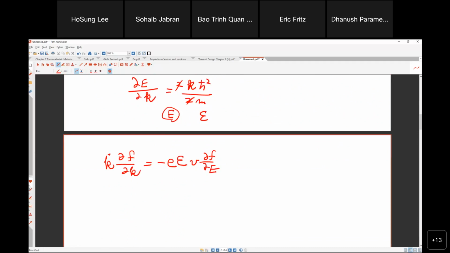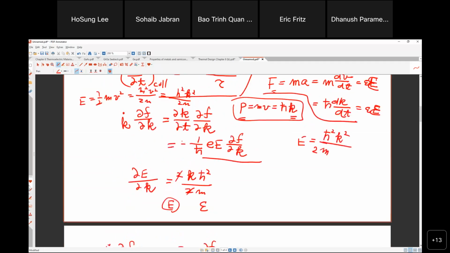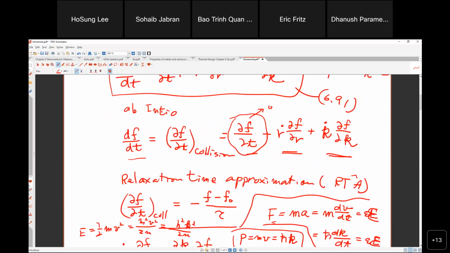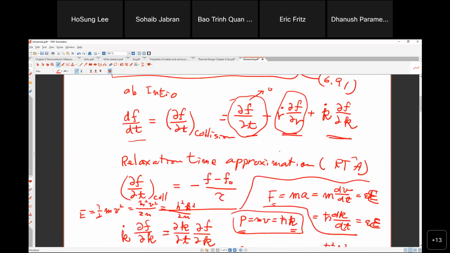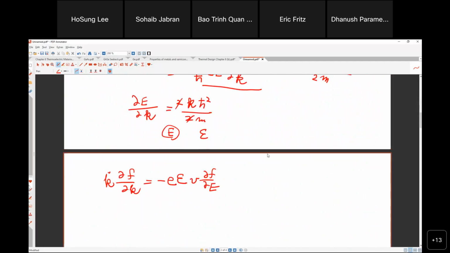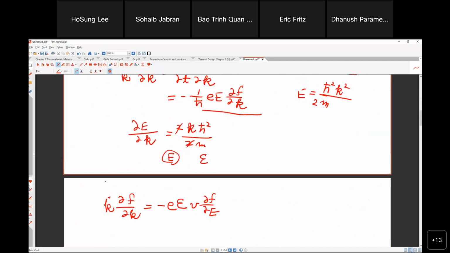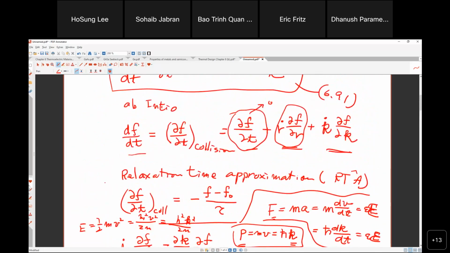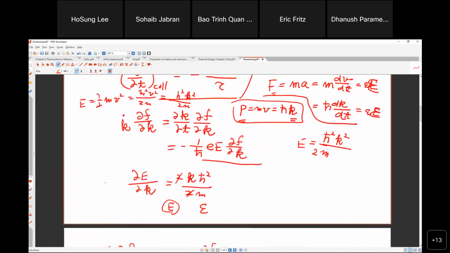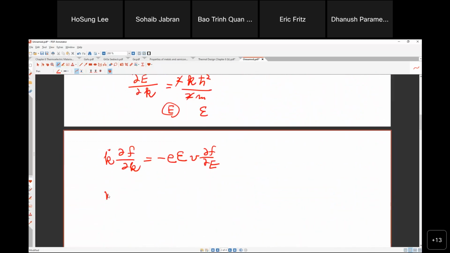So anyhow, then the problem we need to figure out, this one also. What is r dot dF? We have to figure out this.